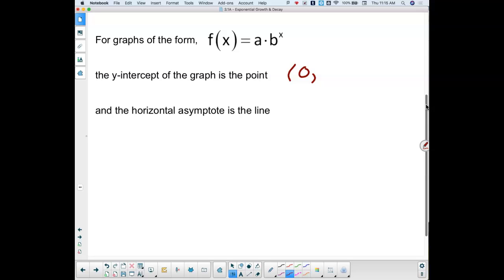What's anything to the 0 power? 1 times a. So the y-intercept is at the point 0, comma, a. And for all of those functions, the horizontal asymptote is the line y equals 0.